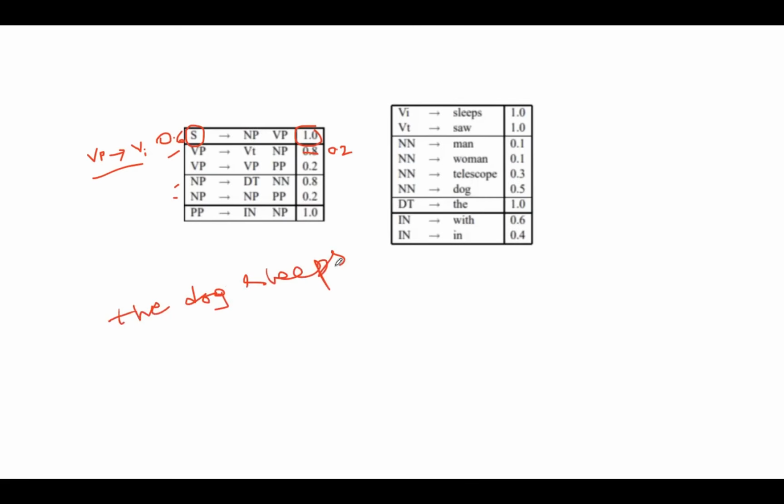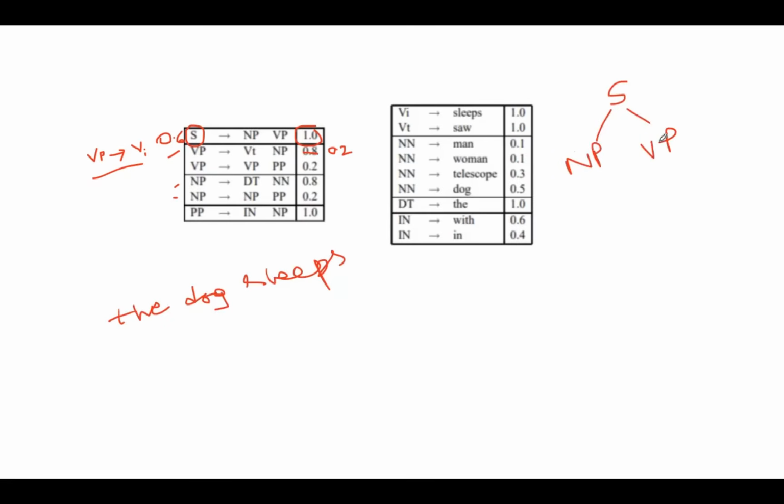We need to find the probability for this sentence by drawing the parse tree. S derives NP VP, as we have only one production.